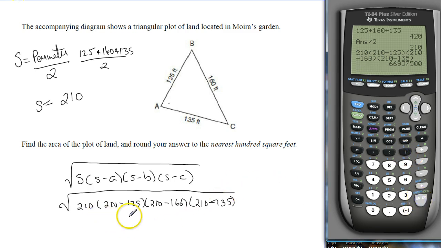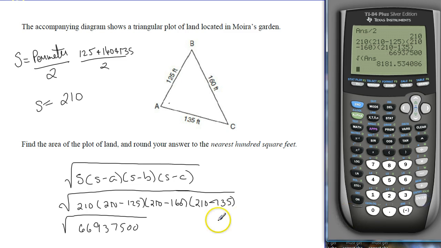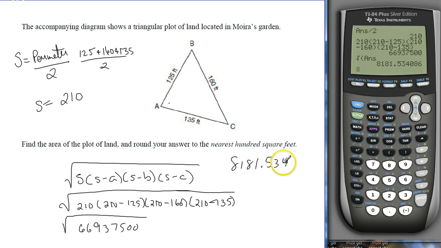And you get a monster number, 6693750. We're going to square root this. And I get 8181.534. Bunch of decimals, right?